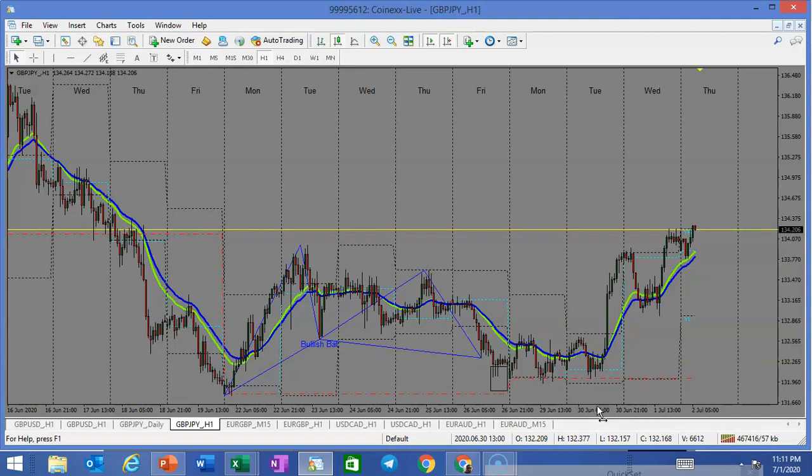trying to predict the market is like trying to predict when Jesus is coming back. You just can't do it. If you believe in Jesus or whoever, it's just the concept of trying to predict something that's unpredictable.